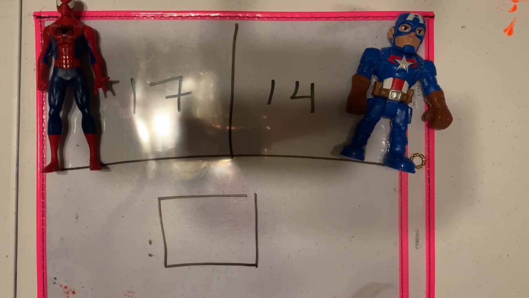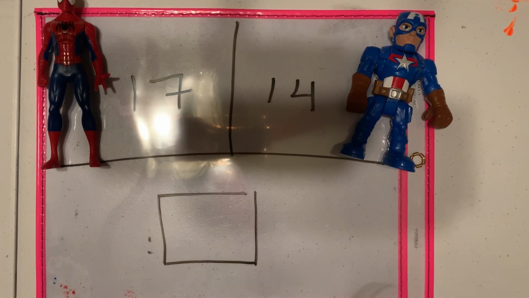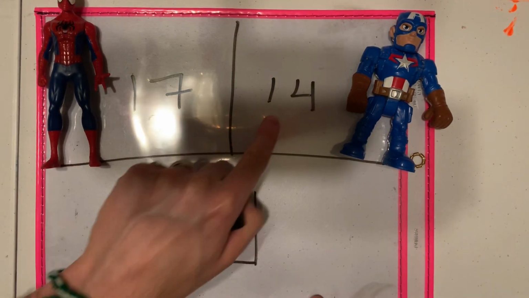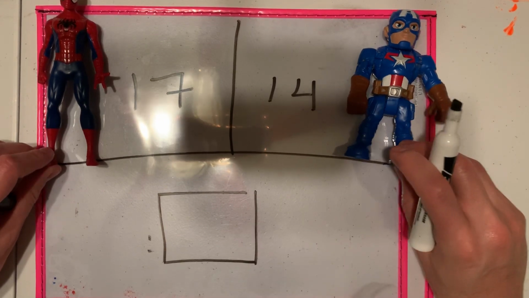If you need a part, you just subtract. So, what do we need here? Think about it. What do we need? We need a whole, so we have to add. What do we add? We add 17 plus 14 to find this answer.